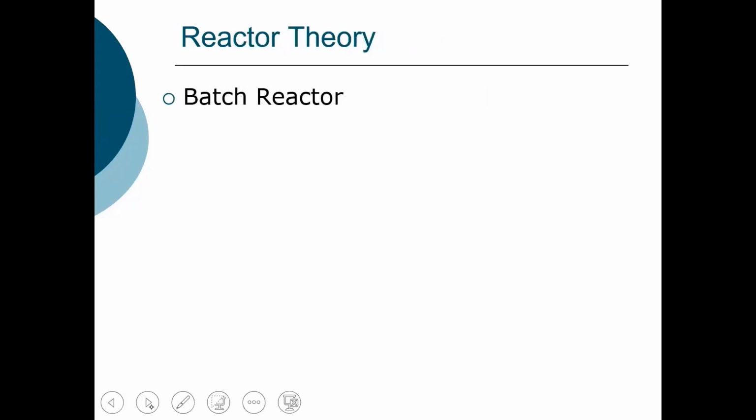Okay, so let's start talking about the different types of reactors. Batch reactor. Can anyone think of an example of what is essentially a batch reactor that you have at home?